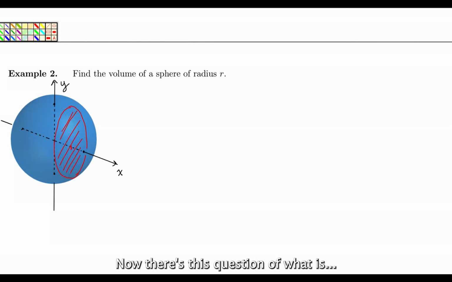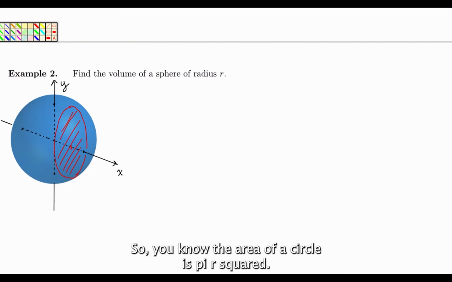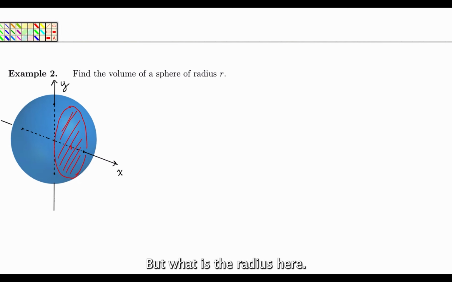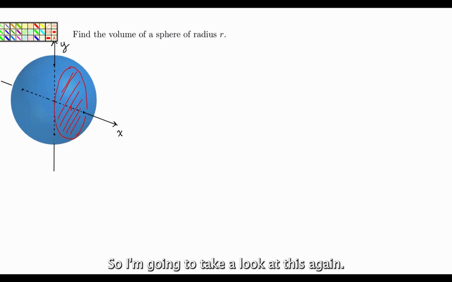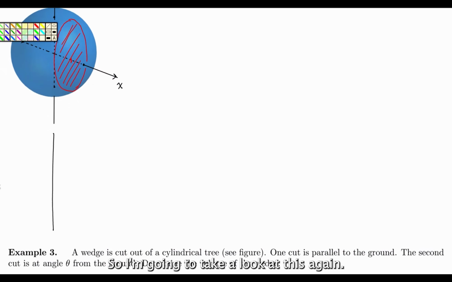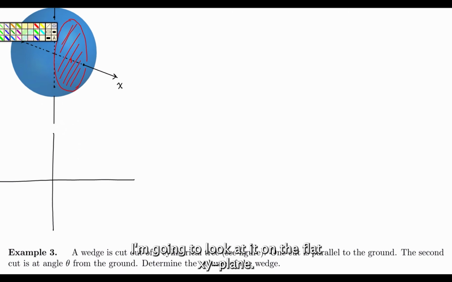Now, there's this question of what is, so you know the area of a circle is pi r squared, but what is the radius here? Okay, so we're going to need to work that out. So I'm going to take a look at this again. I'm going to look at it on the flat xy plane.